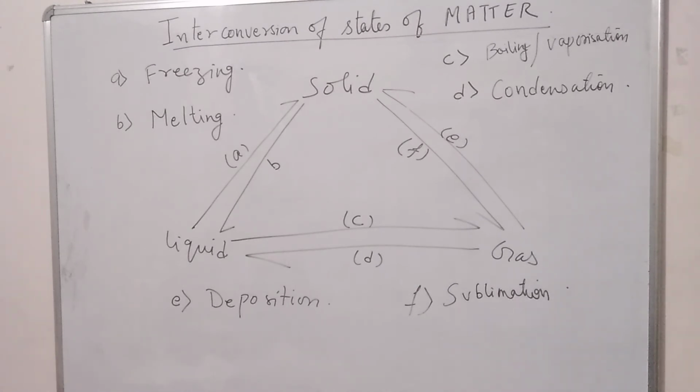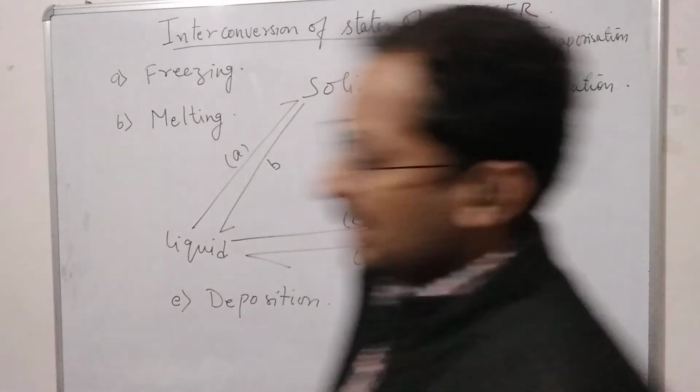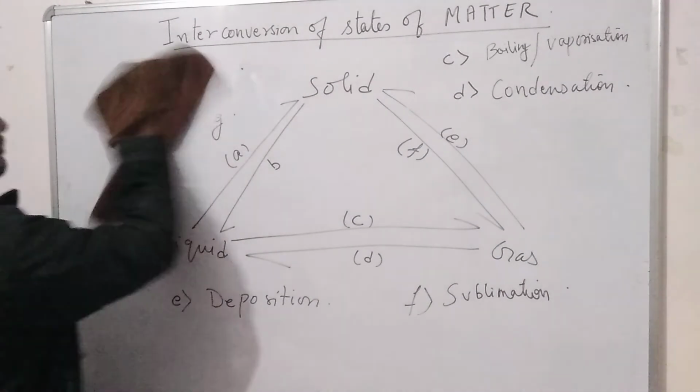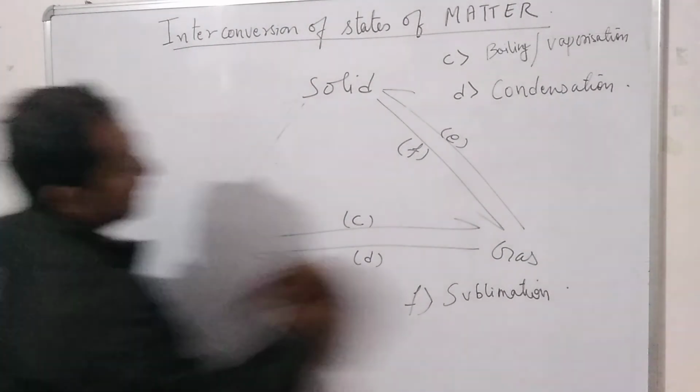Now, one thing is very important here, that how is heat absorbed and released. When the heat is released or absorbed, what happens at the molecular level? That also we will study. That will help you understand what actually happens. Okay. Hope all of you have understood this.